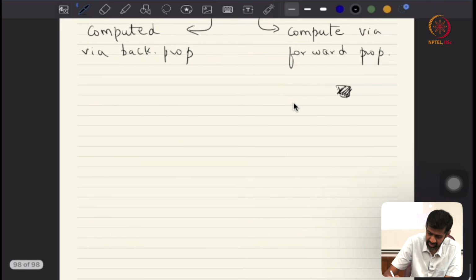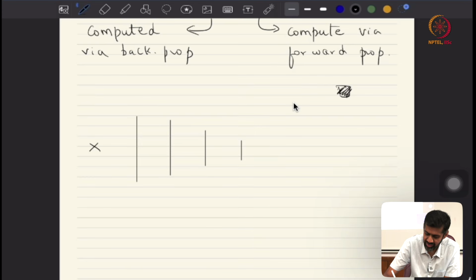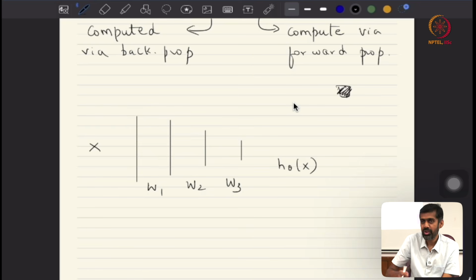So summary is as follows, right? Let us say that we have a neural network that we build this way. Now I will vectorize. This is x. We have the first layer W1, we have W2, we have W3, and we have y here, which is h of x. Do you notice that the length of the lines that I have written are decreasing?